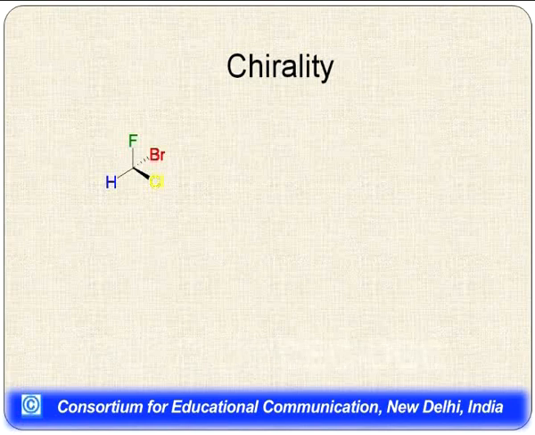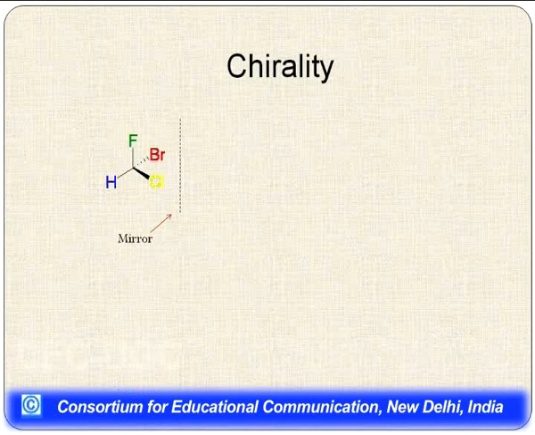Fluorine, chlorine, bromine and hydrogen are the 4 atoms placed there, and these 4 atoms make the molecule asymmetric.